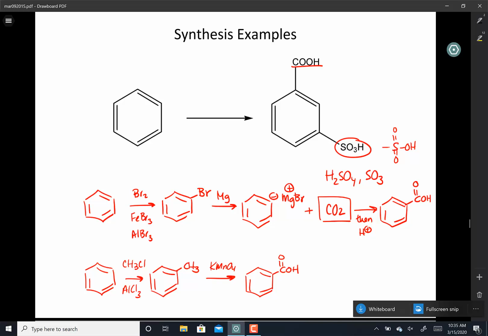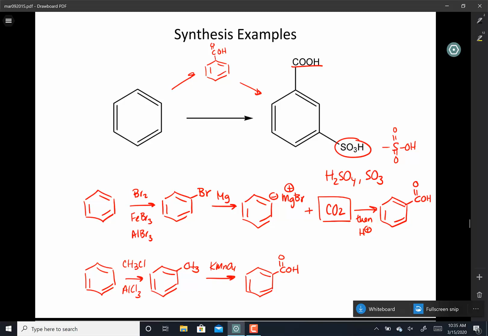So it really doesn't matter. I would put the carboxylic acid group on first, simply because it's not as deactivating, so the second step isn't going to require as much heat as if there was a really deactivating SO3H group on the ring.